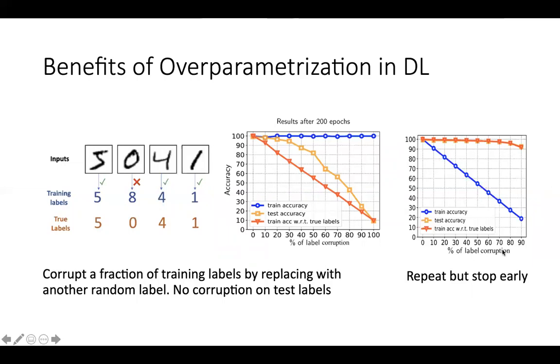And if we actually have early stopping in our model, then the test accuracy is actually pretty remarkable, which means that the model is learning something.